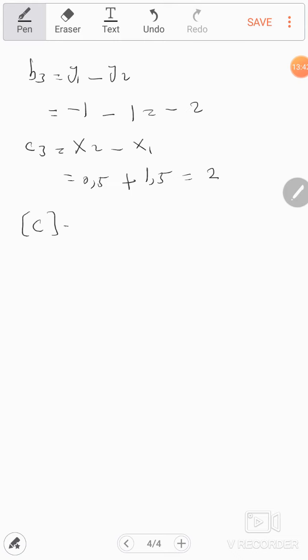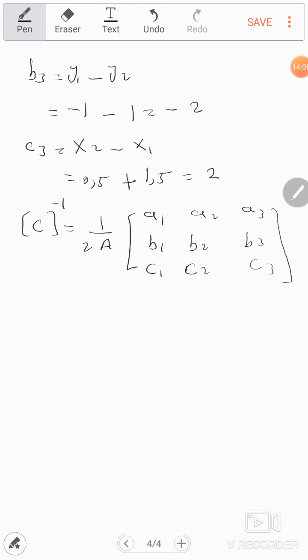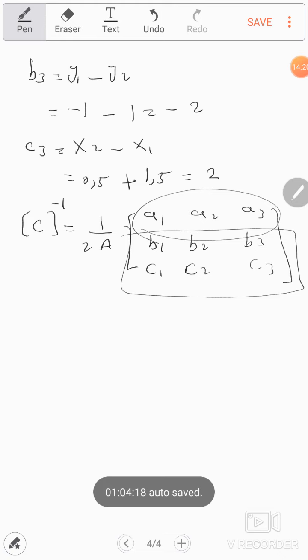The C matrix equals inverse 1 over 2A, A1, B1, C1, A2, A3, B2, B3, C2 and C3. Here I use only B and C in this example, but for A1, A2 and A3 I will just write for you how you can find them.